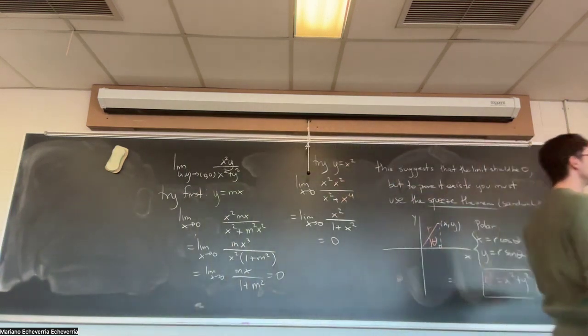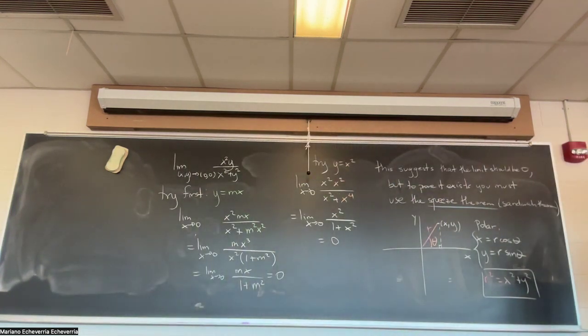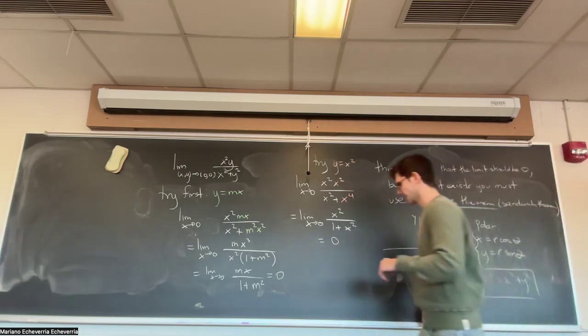So the strategy is that to prove that the limit exists, what ends up being easier is to prove that the limit exists after switching to polar coordinates. So let's switch the limit to polar.